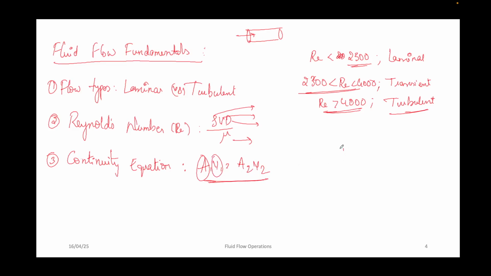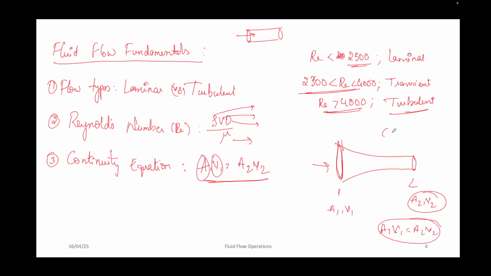So let's say we have a pipe with a converging section. Let's say the area at point 1 is A1 and the velocity of the fluid at this location is V1. And if A2 and V2 are the area and velocity at location 2, we can write using the continuity equation, A1 V1 is equal to A2 V2, right?